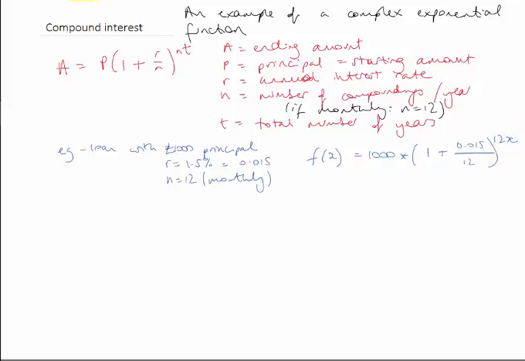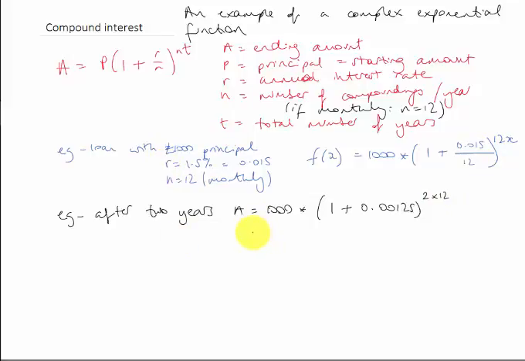So let's just do a couple of examples. After 2 years, with your £1,000 in the bank there, A is equal to 1,000 times (1 plus, if we divide these together, we see it's 0.00125) to the power 2 times 12, because our x is the amount of time in years, so that's 2.